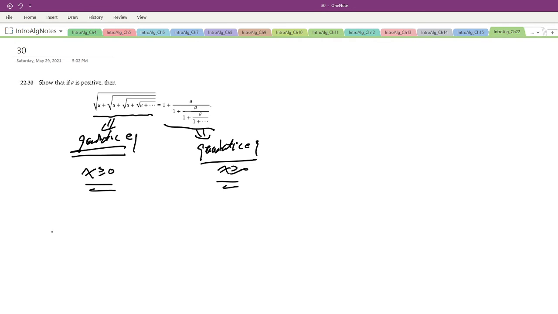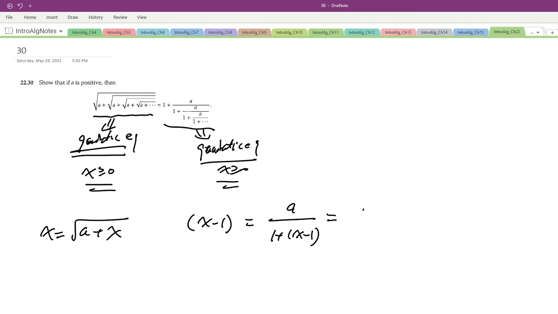So let's see the first one: x equals the square root of a plus x. The second one is x minus 1 equal to the square root of a over 1 plus x minus 1, which gives a equals x a over x.